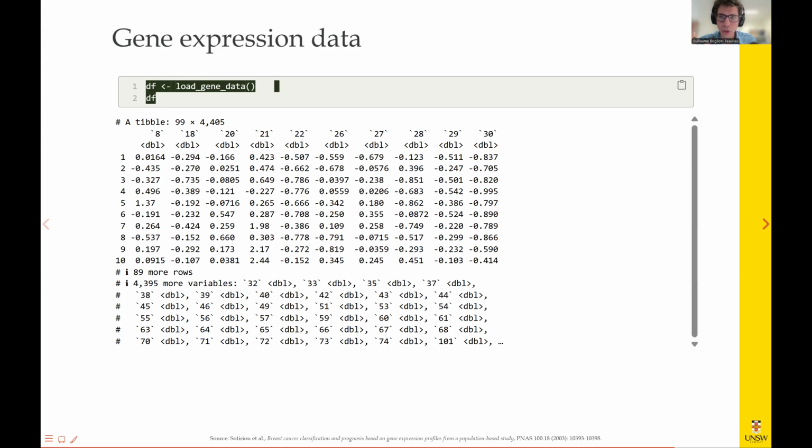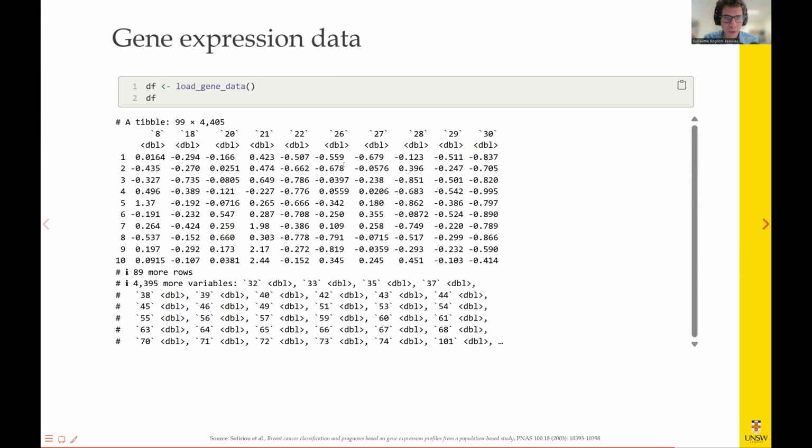We just want to illustrate a data set with lots of predictors compared to the number of observations. I don't really understand this genetic stuff, so I cannot really interpret the predictors. I think there's something called gene expression, some measurement of the gene. Frankly, I don't know. But you just need to know that those are numerical predictors. You have many of them, thousands, but you only have, I believe, 99 subjects here.